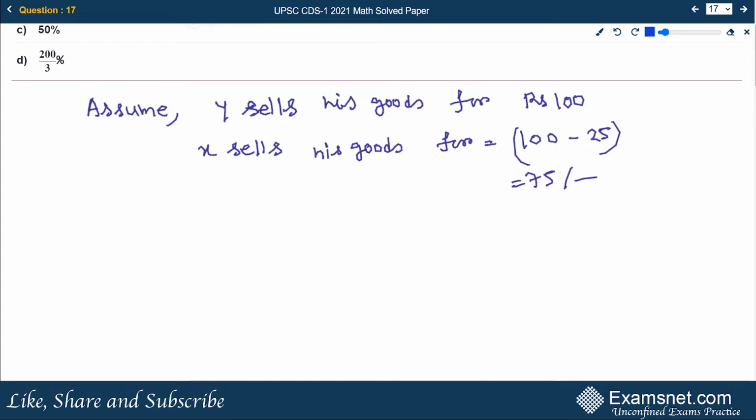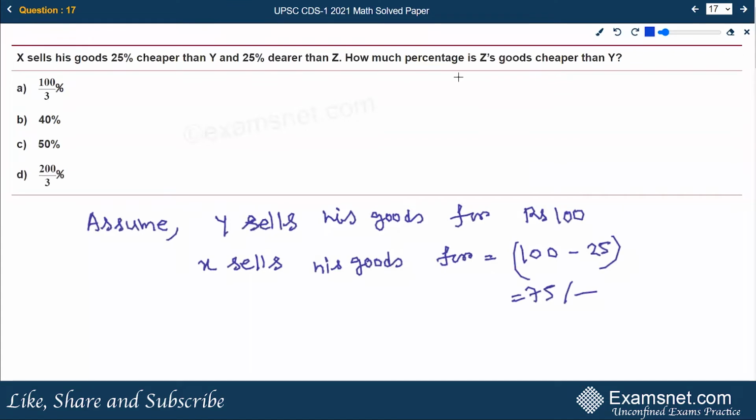Okay, since we are calculating on 100, so we can directly subtract it, because 25% means 25 is also calculated based on 100. So that's how we got the value for the goods that X sells, that is at rupees 75.